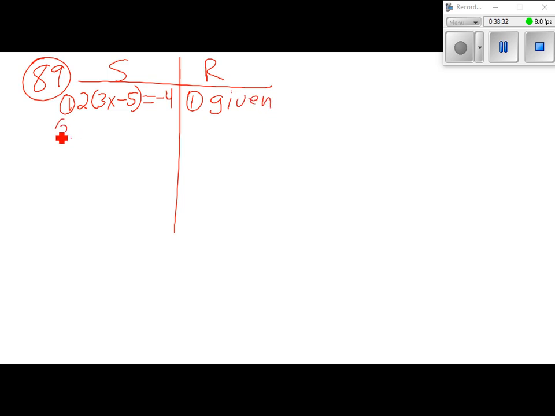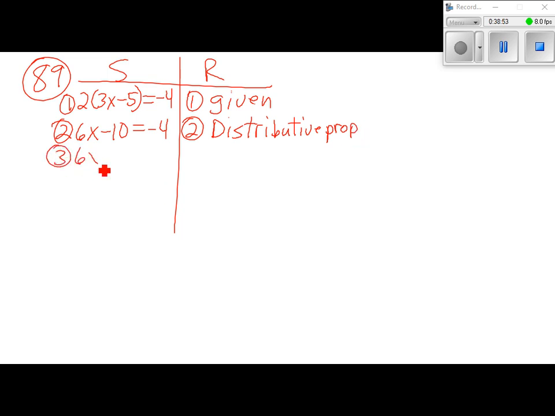Number 2, we're going to distribute out there, so that's going to give us 6x minus 10 equals negative 4. And we use distributive property. Number 3, we add 10 to both sides, so we end up with 6x equals 6.